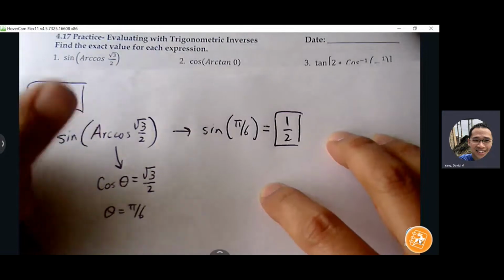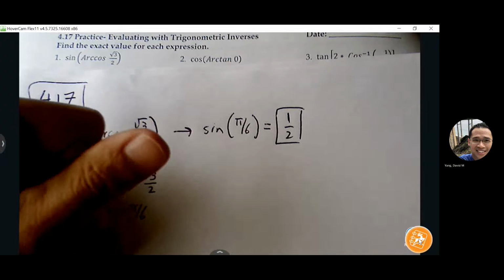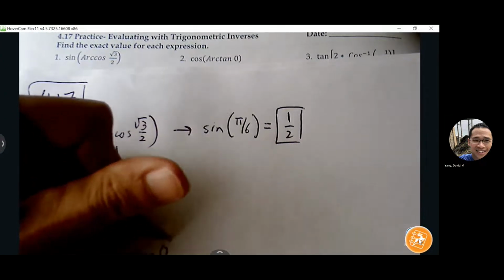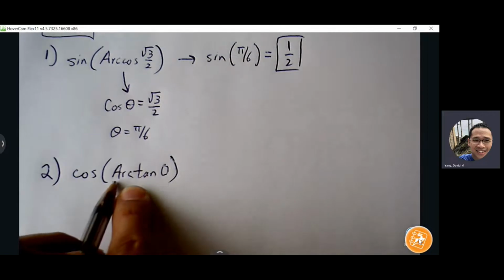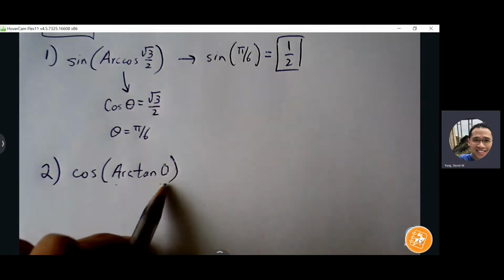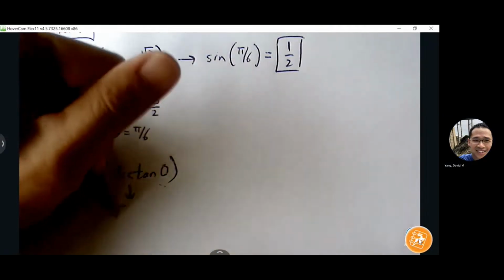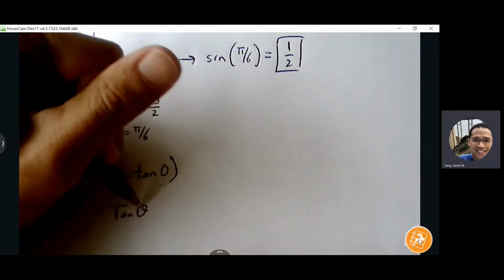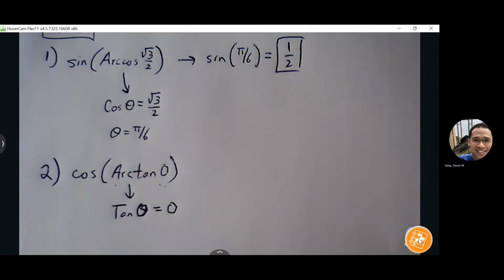Okay, number 2. Uppercase A, but this is just 0, so we know it should be easy to find here. So in other words, tangent of what theta value will give us 0.